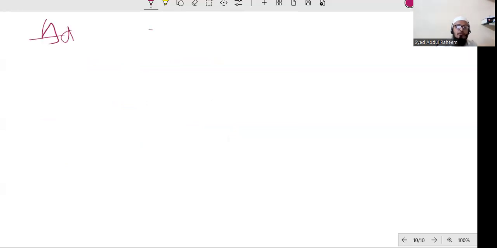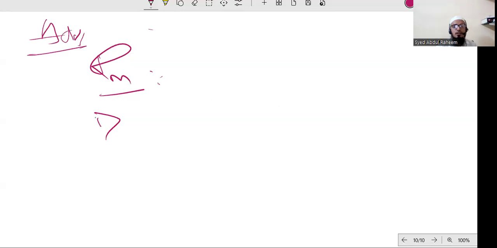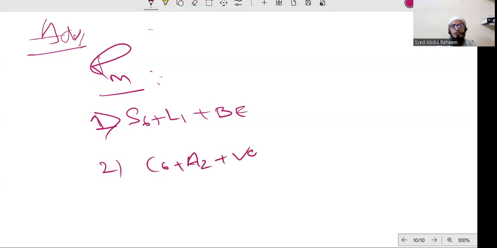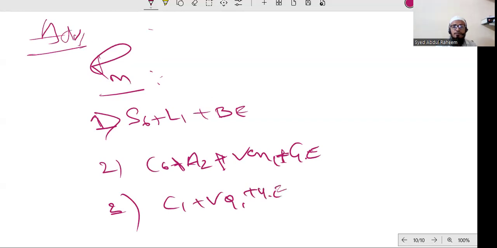Now come to the part of treatment. What remedies can you give? Here we will give S6L1BE and C6A2N1G. If the patient has infection, you need to add C1 Ver1 YE.